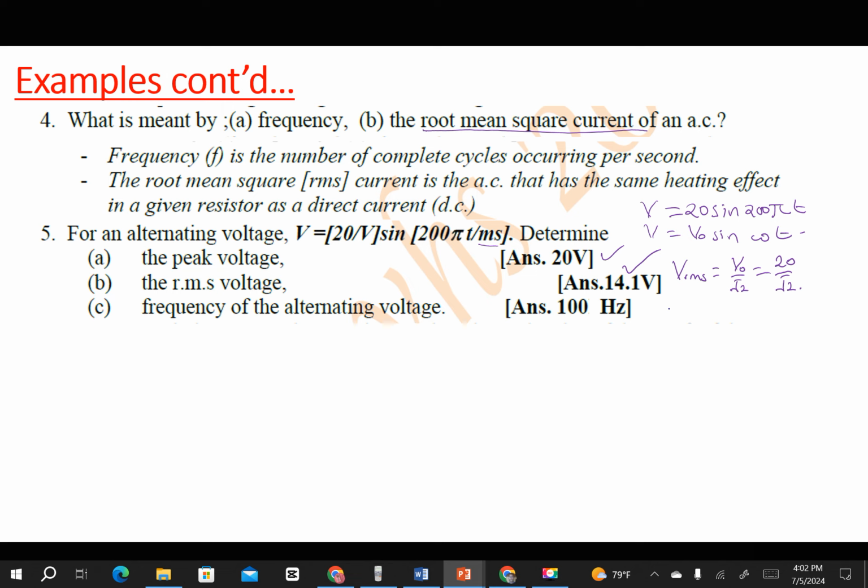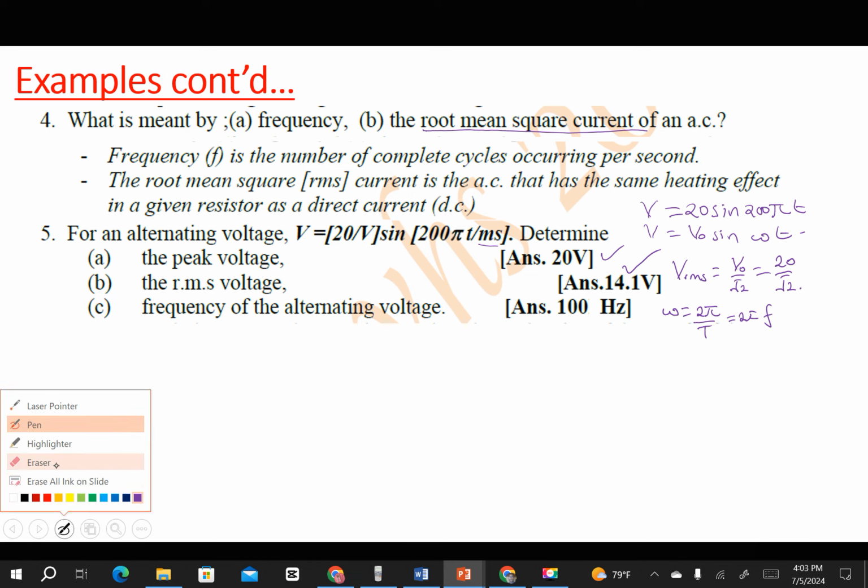Then the frequency. Of course, we know that omega is 2 pi over T. But remember, 1 over T is frequency, so this is the same as 2 pi times f. Why do I bring in frequency? We need the frequency, sorry.